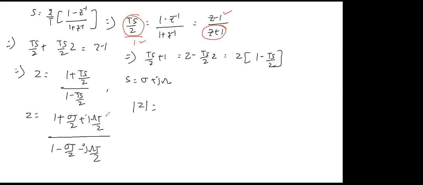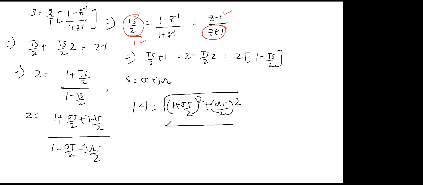If you take the z magnitude, you will get the square root of (1 plus sigma T by 2) whole square plus (omega T by 2) whole square, divided by the root of (1 minus sigma T by 2) whole square plus (omega T by 2) whole square. It's very simple: a plus jb magnitude equals root over a square plus b square. Now this is your mod z.